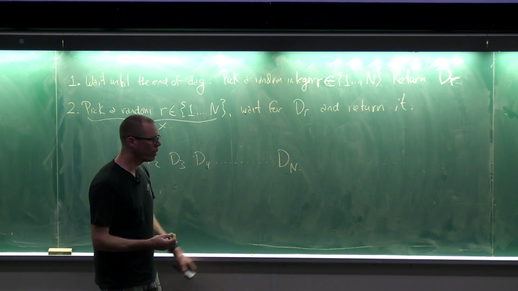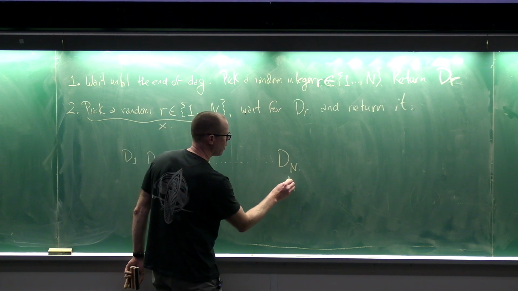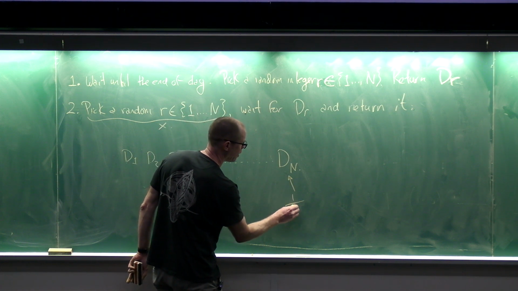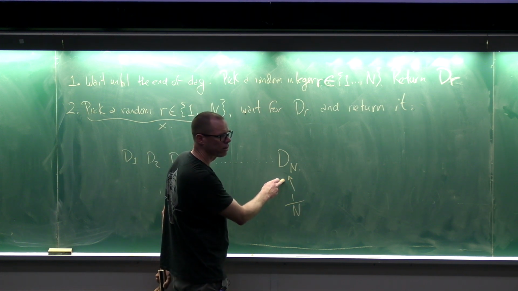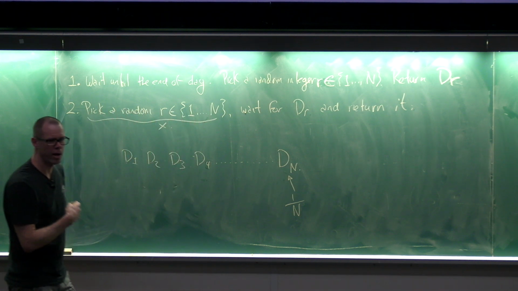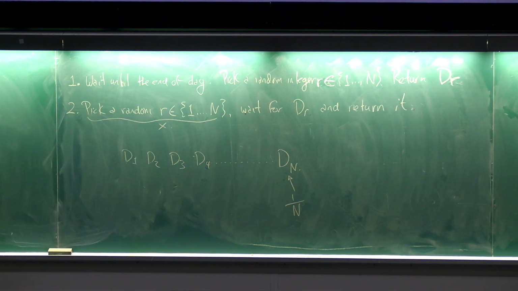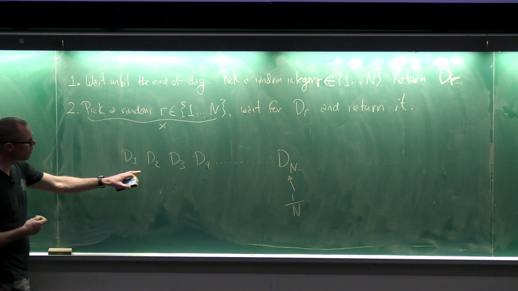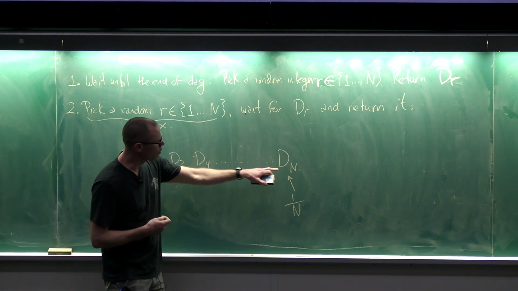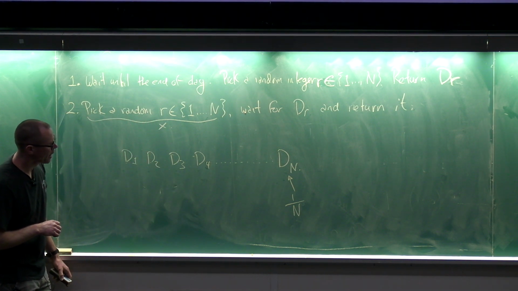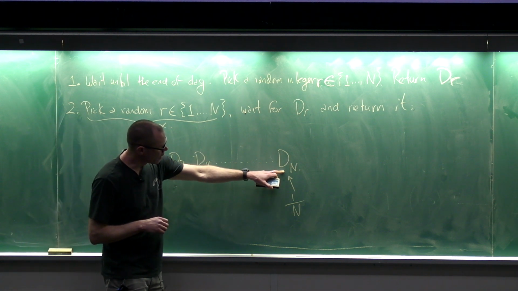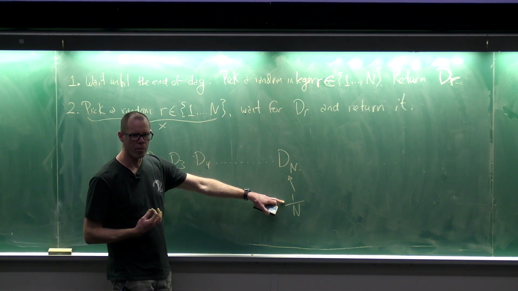So that means we better choose this thing with probability exactly 1 over n, because it's the only thing that can work if we want everything to be equally likely. Equally likely means we want each of these to be our random sample with probability 1 over n. And so in particular, this last one, we should choose to have it with probability 1 over n.